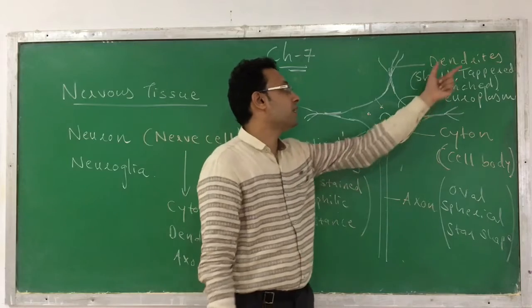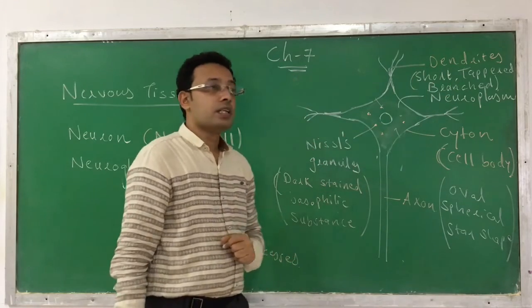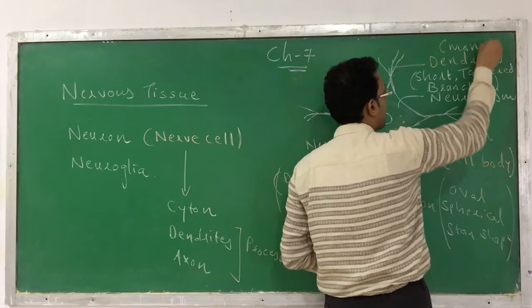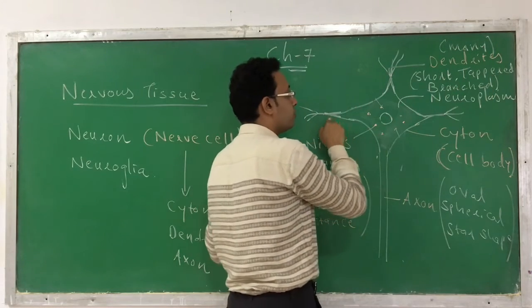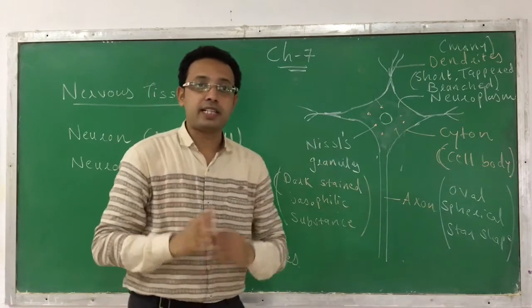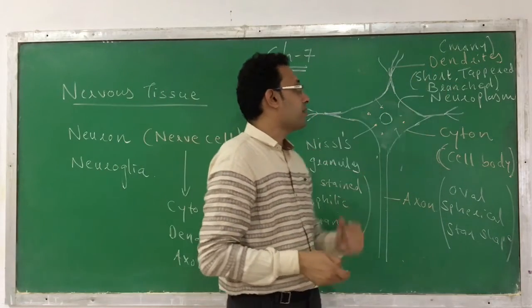This is what we call dendrites. These dendrites are usually many in number. Here we have shown three: 1, 2, 3. So these are the characteristics regarding the dendrites.